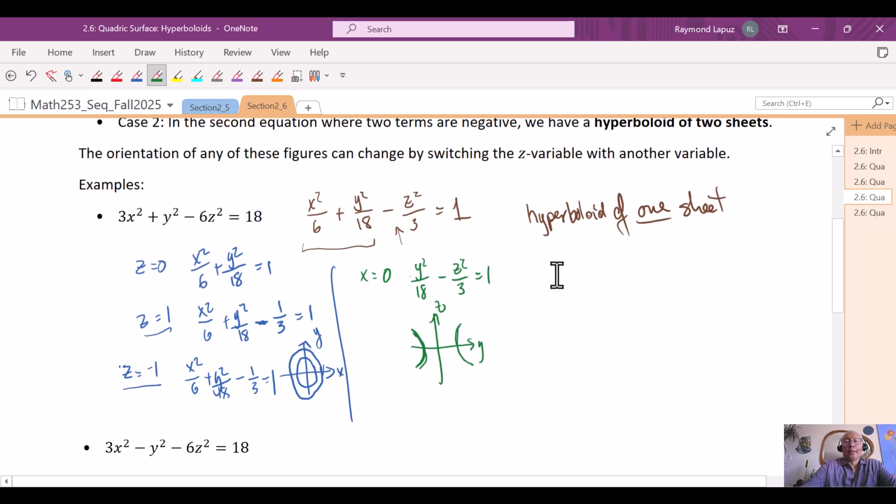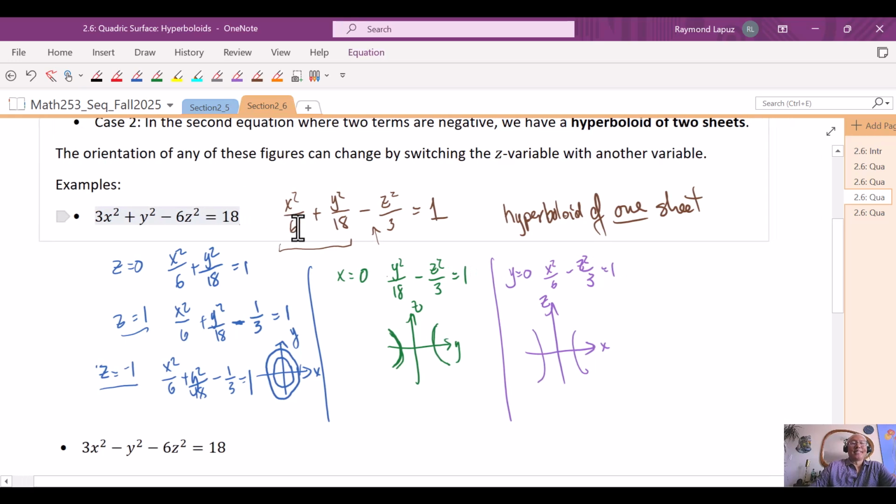And if we take a look at the other axis, when y is equal to 0, so that's essentially the xz plane, we will have x squared over 6 plus, or that's a minus, z squared over 3 is equal to 1. Again, a hyperbola in the xz plane. So I think this is opening sideways again, so it looks something like that.